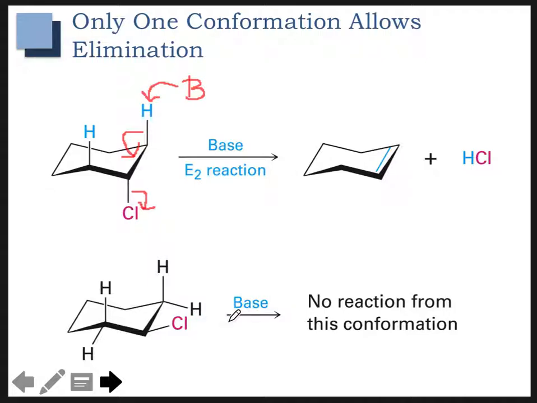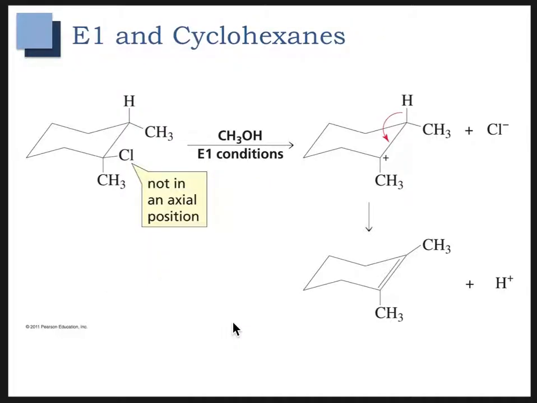In the case of the E1, however, since the leaving group falls off first, then either conformation can undergo elimination, right? So you have your heterolytic cleavage as your first step. You end up with a carbocation intermediate, and then you can have your base come in and pull off your beta hydrogen and form your cyclohexene product.